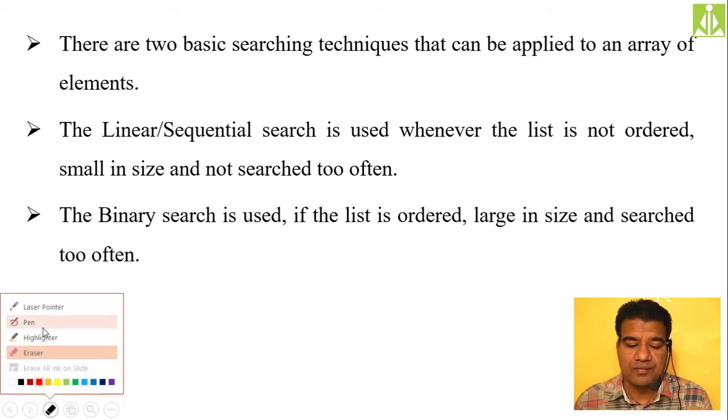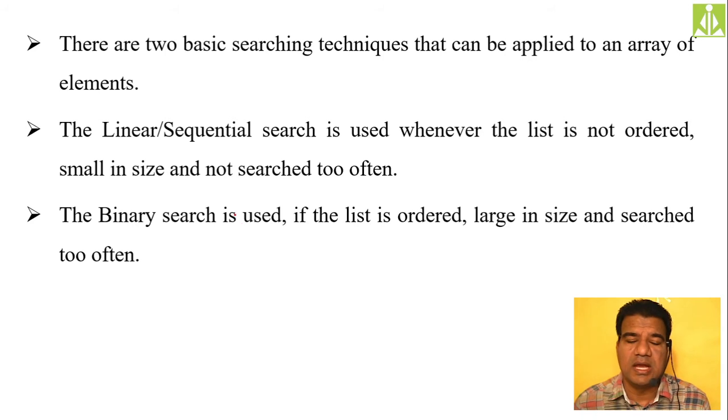What criterion should be checked before applying any of the searching techniques? First, look whether the list is ordered or not. An ordered list means all the elements in your list should be in ascending or descending order.